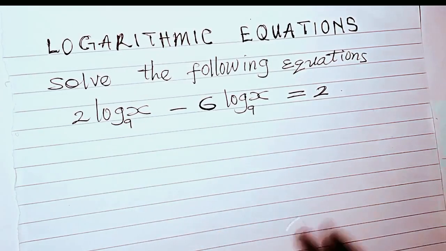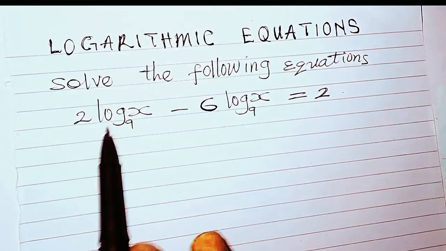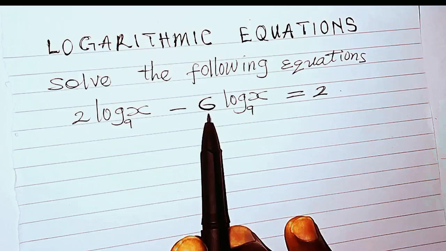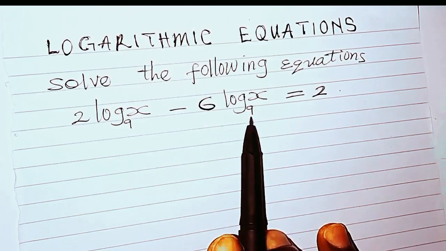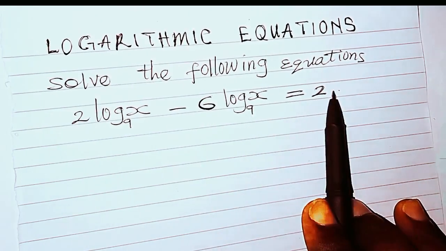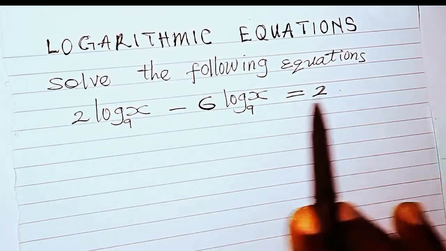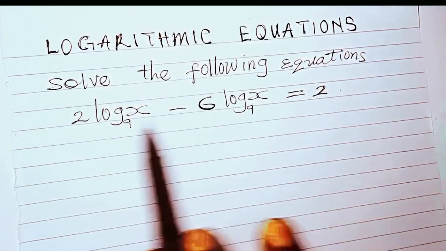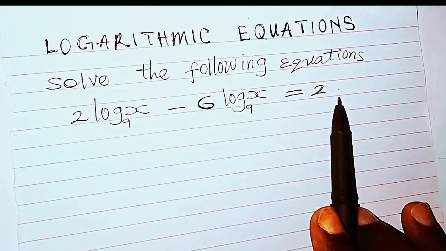This is the first step we can do when we have this kind of question. Checking here, we have 2 as the coefficient of log x base 9, and here is 6 as the coefficient of log x base 9, and at the same time we have 2 as a result. So we can divide by 2 because 2 is a factor of all the terms we have as the coefficient and even the result of the equation.